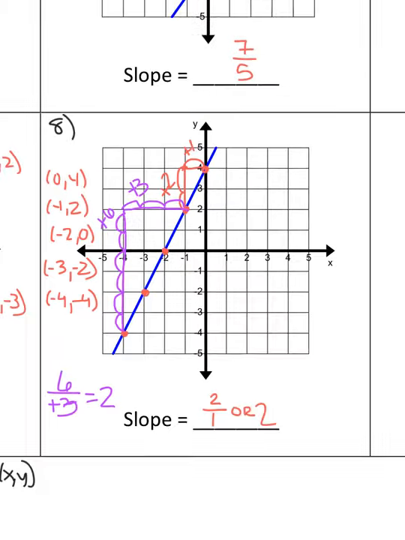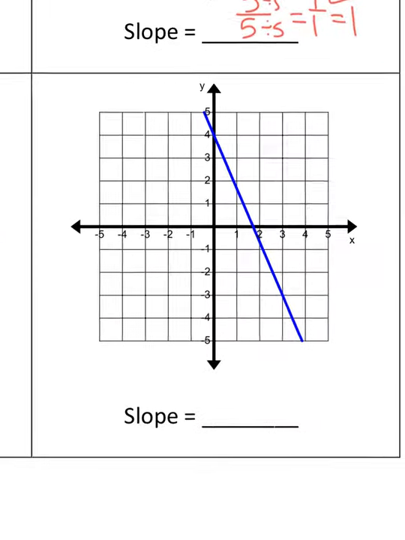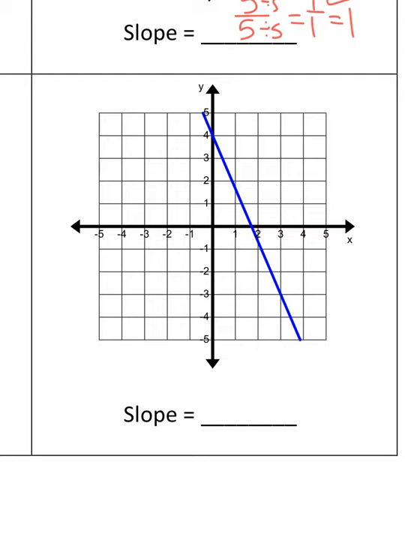All right, one last problem here. Number 9. Number 9, here we go. All right, so let's find our points. We have 1 here, and then I go down, down, down, and 1 here. It looks like I just have 2 points that I can clearly identify, right? I have the point over 0, up 4, and I have the point over 3, negative 3.